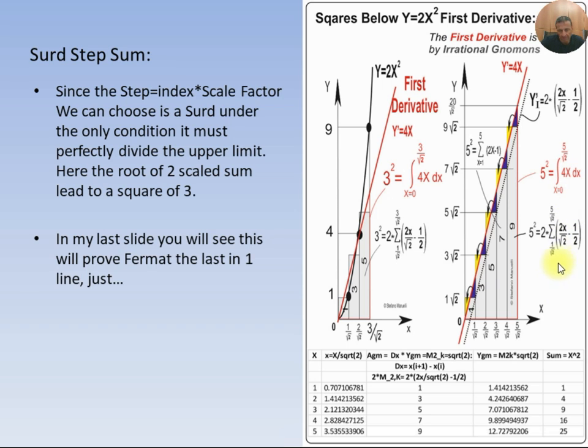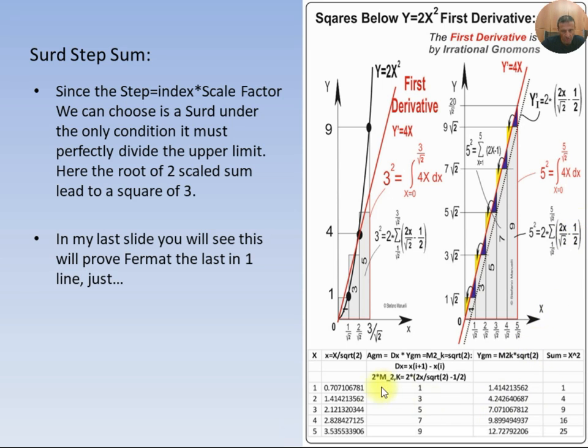So the sum that starts from 1 over the square root of 2 to 5 over the square root of 2, if you stop at 5, we are representing the 5 square. So it is equal to this sum of 4 terms, 2x over the square root of 2 minus 1 over 2.